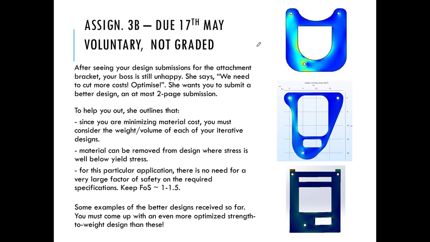For example, this is an example of a slightly optimized design. Even in this case, you can clearly see that this region of the design is almost unstressed. We don't need it, we could just remove it. Even this part can be completely removed. And that's exactly what this student has done. They've removed these bits and pieces wherever there were low stress regions in order to save material.